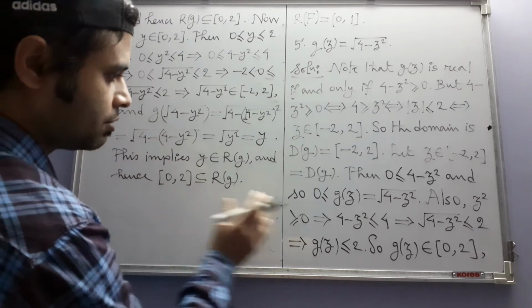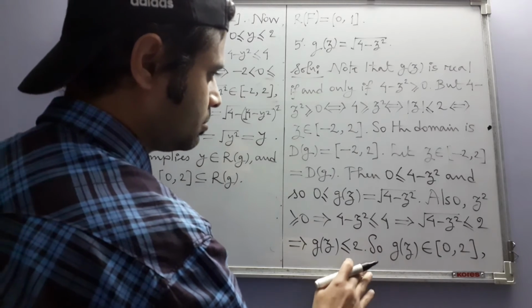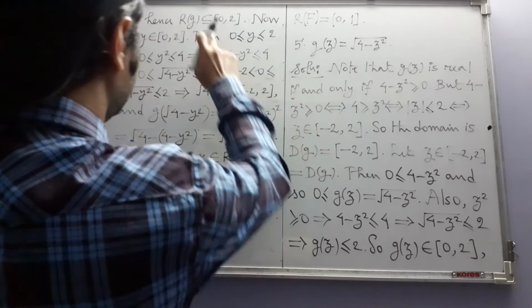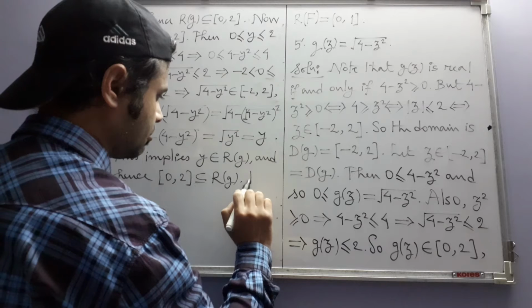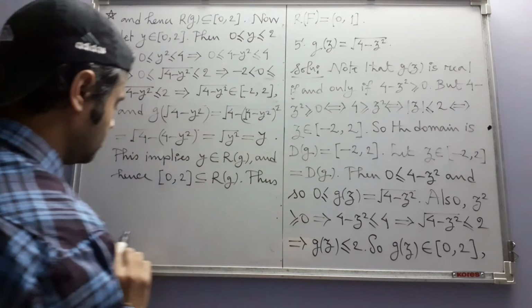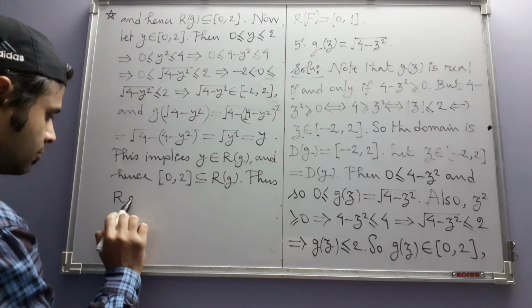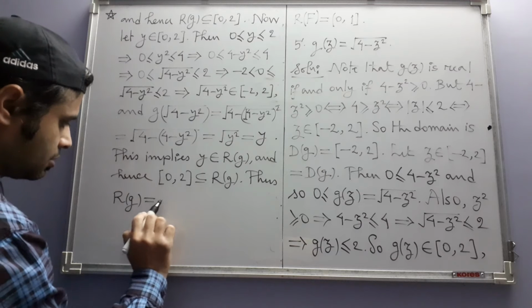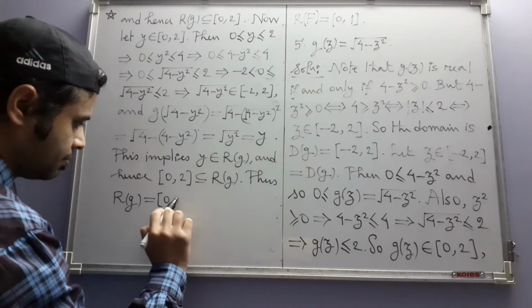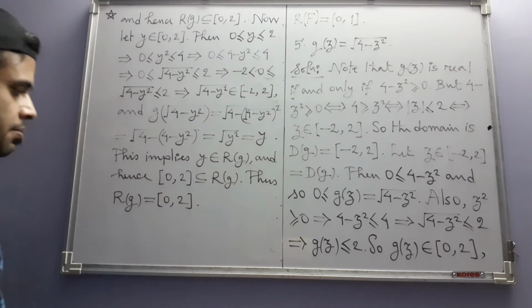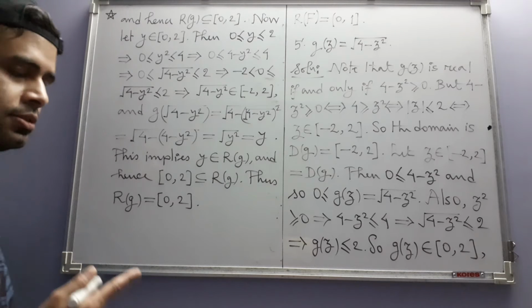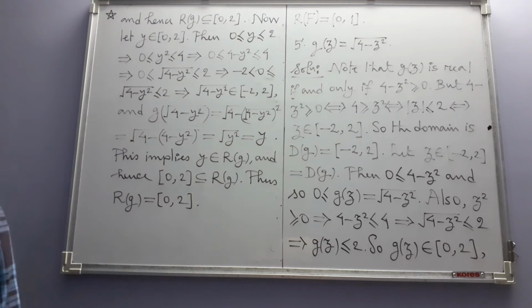Now combine this with, where do we have that other thing here? Thus the range of g is this closed interval, and there is one more, 6.